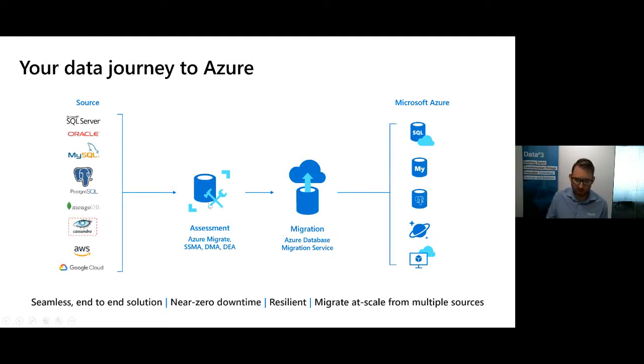The key tools start with assessment, and then depending on the scenario, I've got a cheat sheet coming up that we'll step through to make sense of these acronyms. But Azure Migrate, SSMA, DMA, and DEA are all available to you depending on what you're trying to migrate across. That assessment helps understand: is it ready to migrate? Are there blockers? Here's what you need to remediate, and it can help with that. Then the Database Migration Service is the way to help migrate those databases across to Azure.